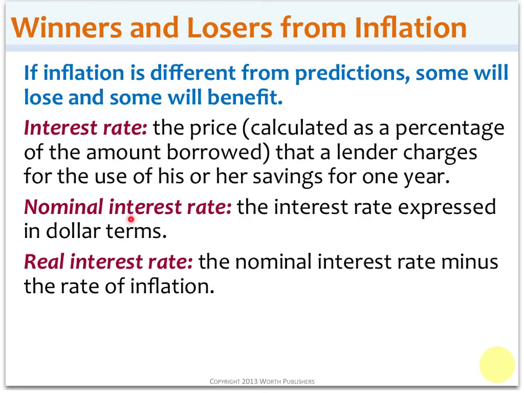So there's a nominal interest rate and there's a real interest rate. The nominal interest rate is the rate that you pay to the bank, the one that's stated on the contract. So if I go to buy a new car and I get a 5% interest rate, that's the nominal interest rate.